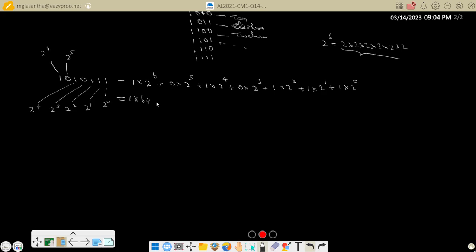Right? Then this one, 0 into 32 plus 1 into 16 plus 0 into 8 plus 1 into 4 plus 1 into 2 plus 1 into 1, like that. Is it clear? Okay.